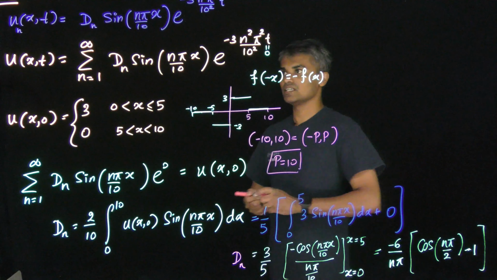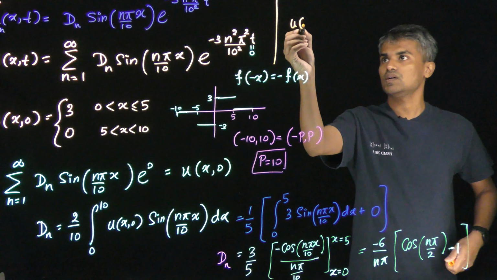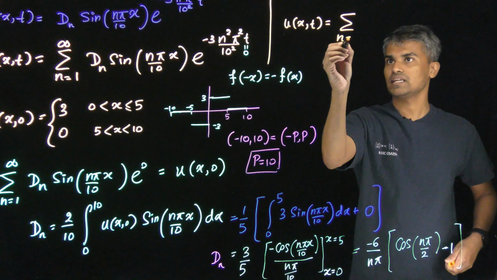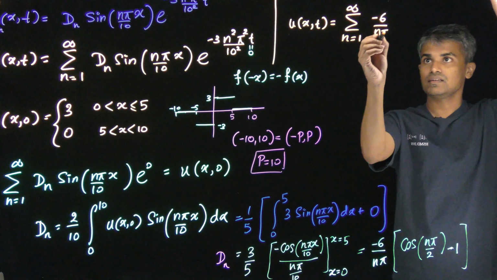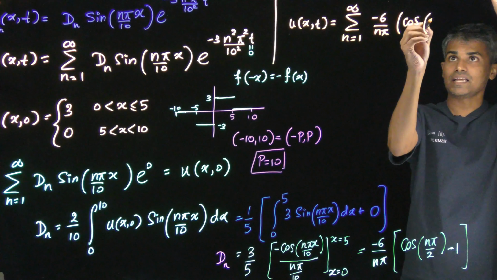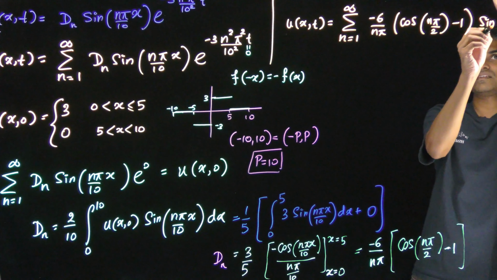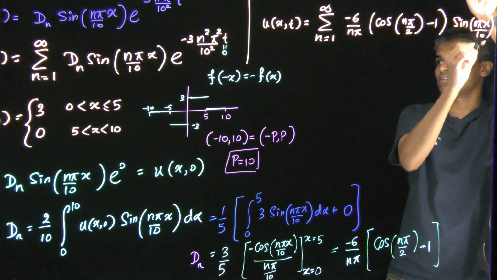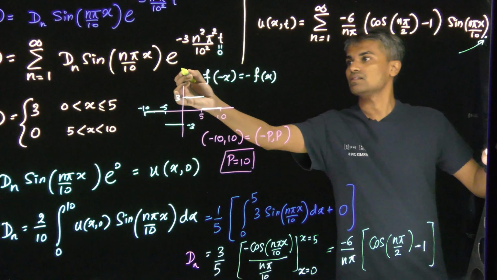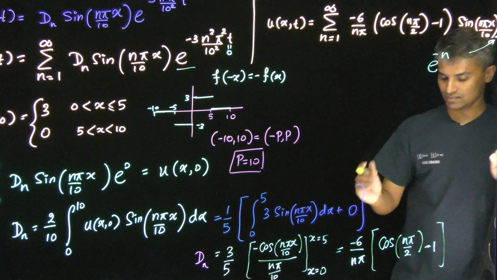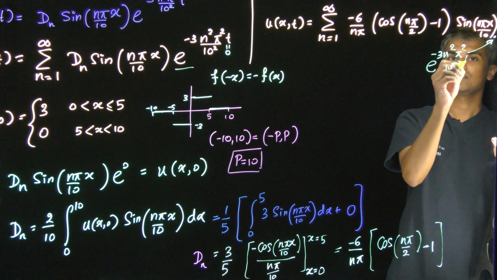Now, finally, we can update our solution. u of x comma t equals summation n goes from 1 to infinity, d n equals this negative 6 over n pi times cosine n pi over 2 minus 1 times sine of n pi x over 10, and times this exponential term e to the minus 3 times n squared pi squared over 10 squared t.